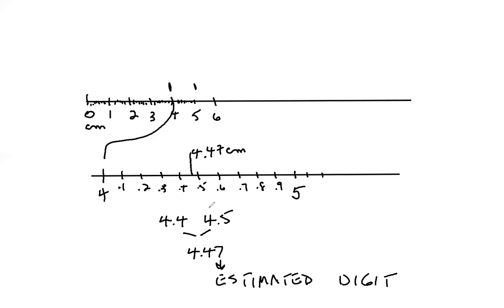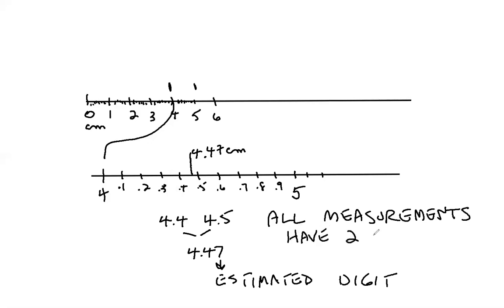Once we figure out a measurement that's in between calibration marks, this sets the number of decimal places for that instrument. So for this ruler, all measurements have 2 decimal places.